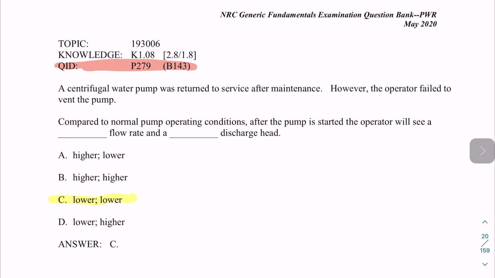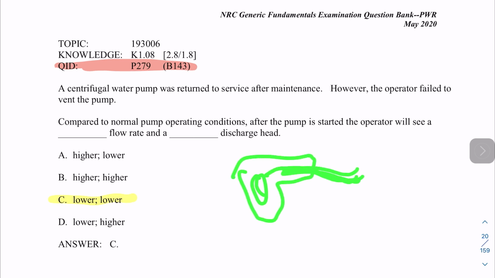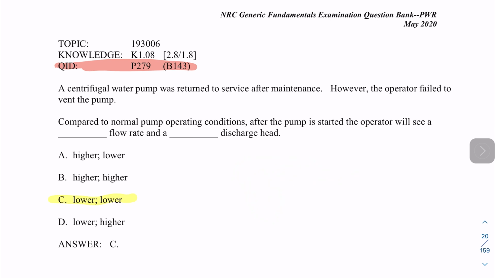So compared to normal operating conditions, after the pump is started, if we have some air, the operator will see a lower flow rate. There's not going to be that much flow because we're going to have a constriction of air or something in there. So the flow rate is going to decrease, right? And that means the discharge head is going to be lower in this case.